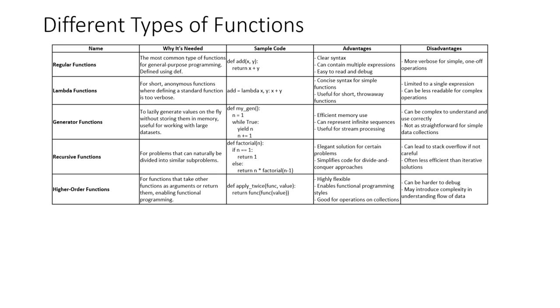Higher order functions like map, filter, and reduce enable concise and expressive data processing pipelines. They can greatly enhance code modularity and reusability, but may also introduce complexity and make debugging more challenging due to the additional layer of abstraction they provide.